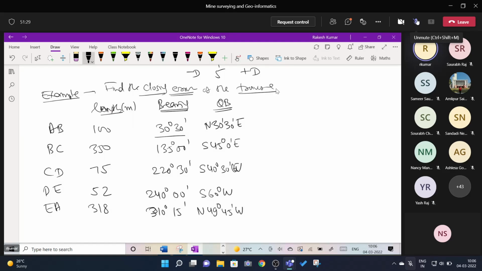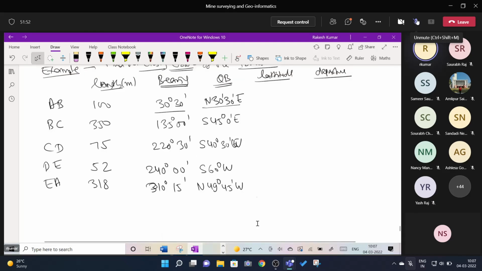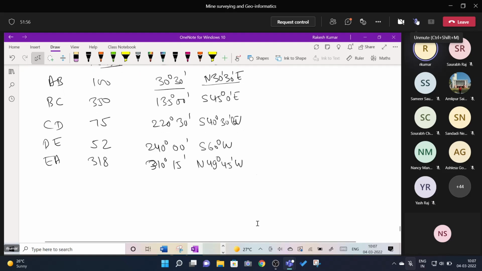Now we have to find the latitude as well as the departure. Make sure in which quadrant we are, north and east, for solving this numerical. Now again, you have to remember the sign convention of latitude and departure.